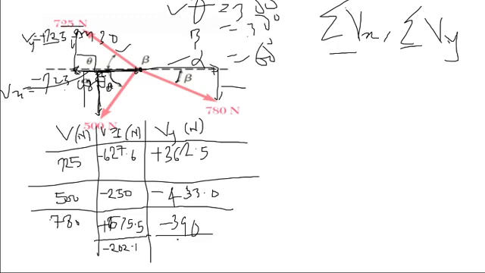What is the answer? The answer is equal to minus 460.5. You see, x component in the negative direction, y component in the negative direction. Where is that? That is the third quadrant. So the resultant vector is in the third quadrant, where x is negative and y is also negative.